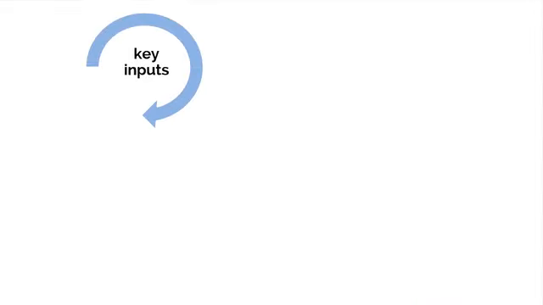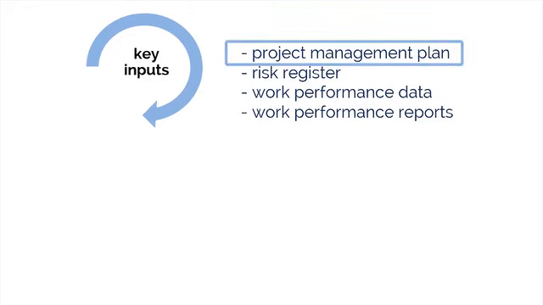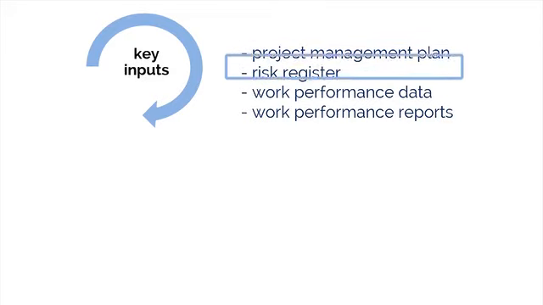The inputs for the control risk process are as follows. Project management plan. This, of course, includes the risk management plan and provides guidance for monitoring and controlling risks. Risk register.